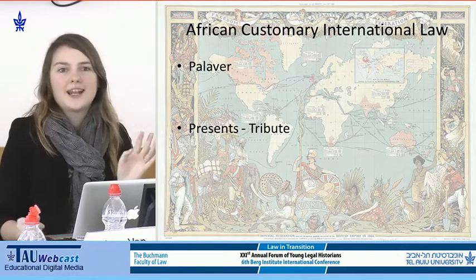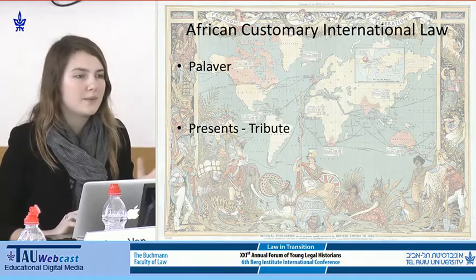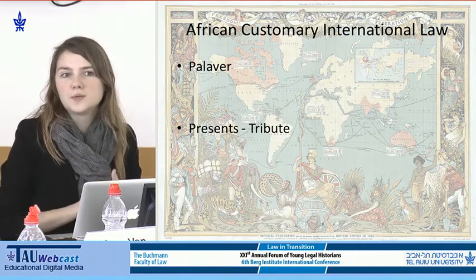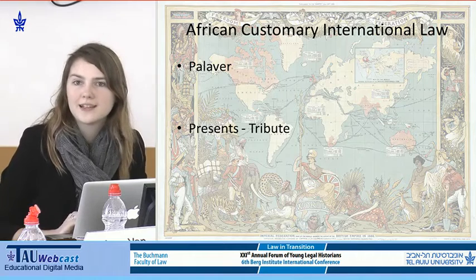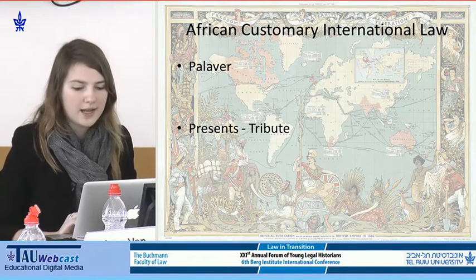But let me just say that I'm using this for argumentative purposes here, and that it is recognized by most scholars today that there was in fact a body of unwritten rules that was recognized by these African communities on the West Coast, and that was perceived by them as binding.